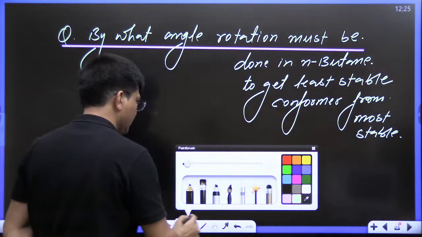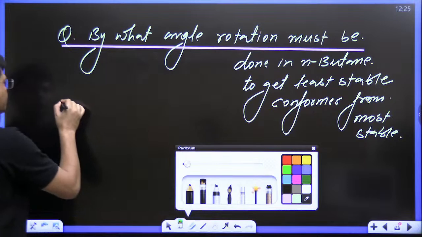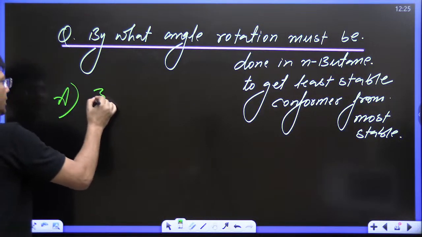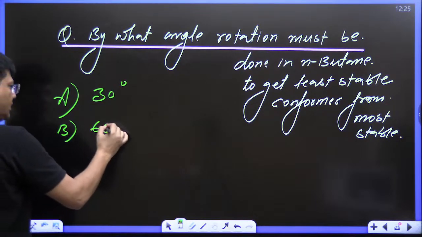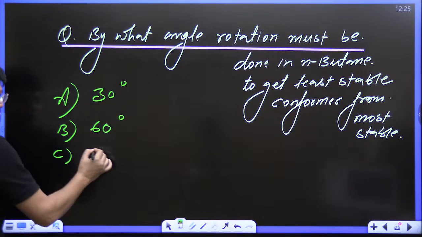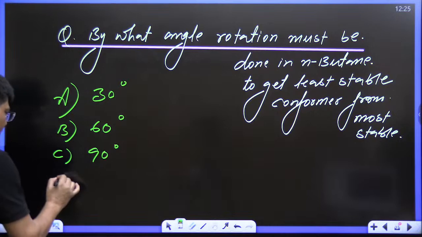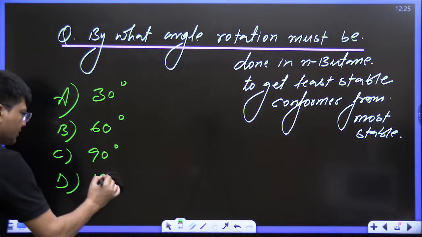So the options are: A, 30 degree; B, 60 degree; C, 90 degree; D, 180 degree.